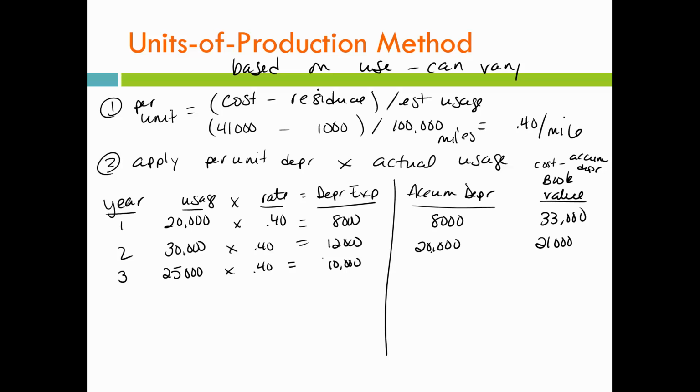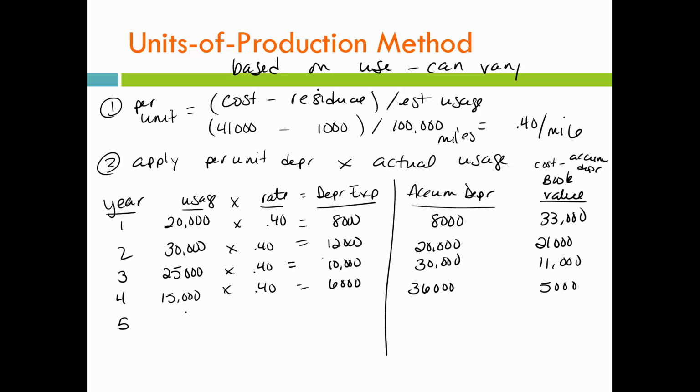So the 20,000 plus the 10, that's up to 30,000, which means the book value is down to 11,000. In year 4, I drove the truck for 15,000 miles, times 40 cents a mile, so depreciation expense is 6,000, which brings my total accumulated depreciation up to 36,000, which brings the book value down to 5,000.